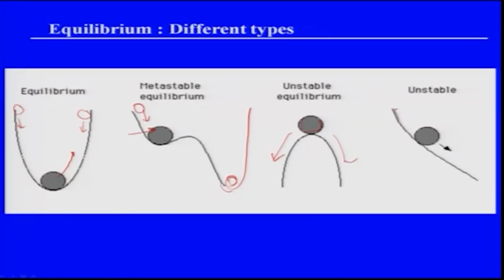But suppose I have a path like this on a hill. Let us imagine a situation, you have gone to the top of the hill and you are gliding on the hill. Basically it will simply glide down, and every time it glides down, it is dissipating energy. So therefore it is not in equilibrium. This is known as unstable, whatever situation you can call it, unstable is the better word.